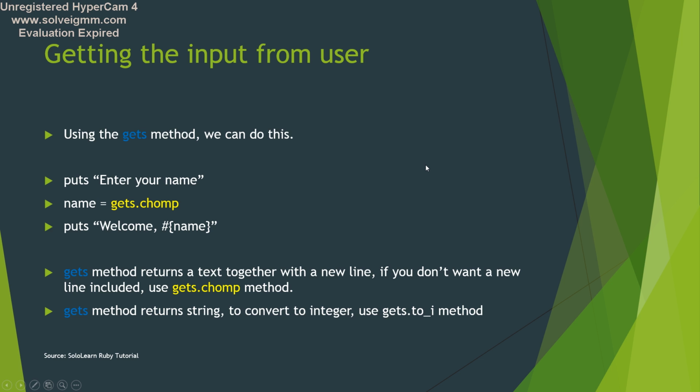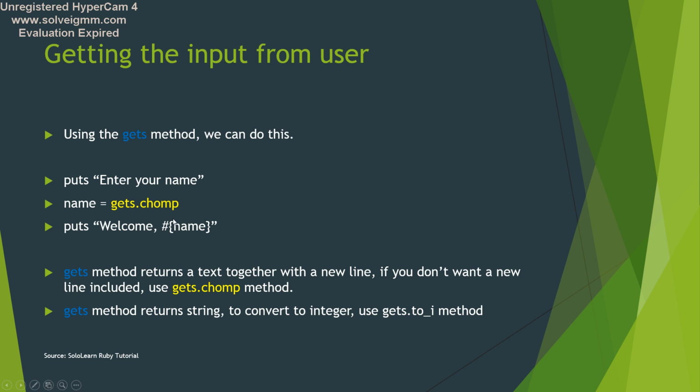Next, getting input from the user using the gets method. In this code you can get your input for your name. The gets method returns a text together with a new line. If you don't want a new line included, use the gets.chomp method.